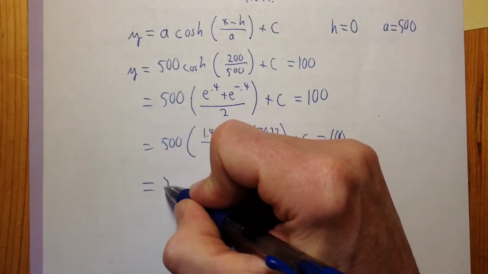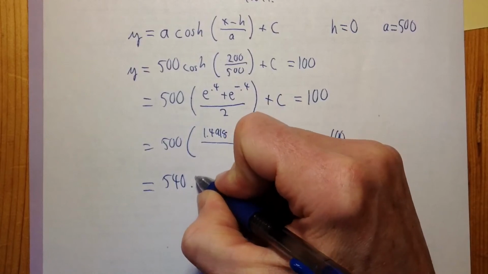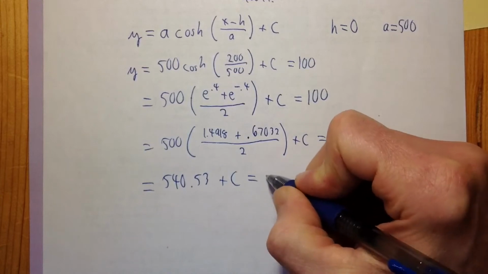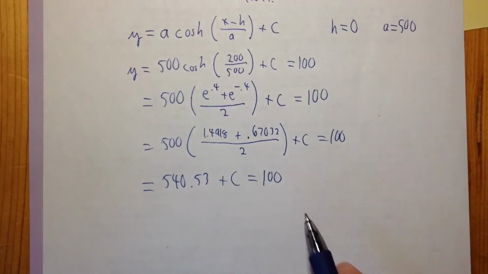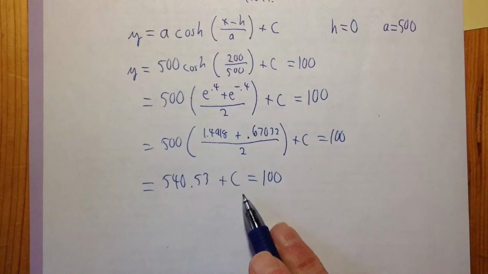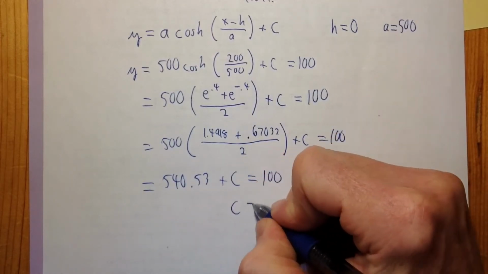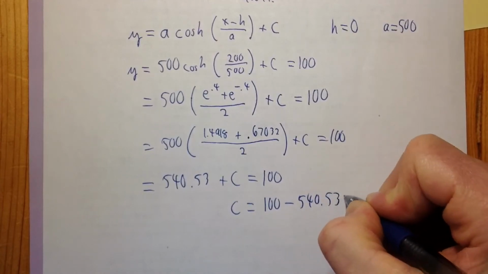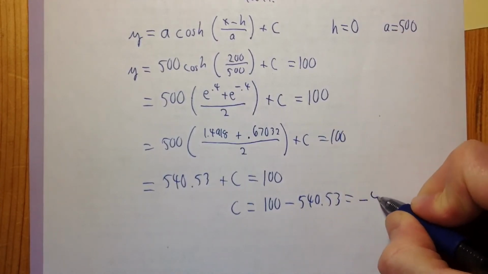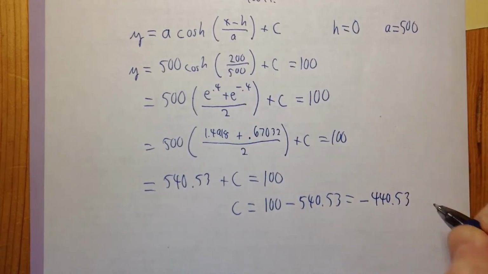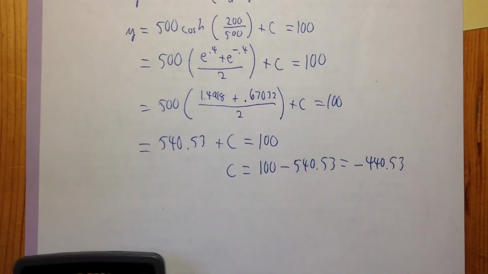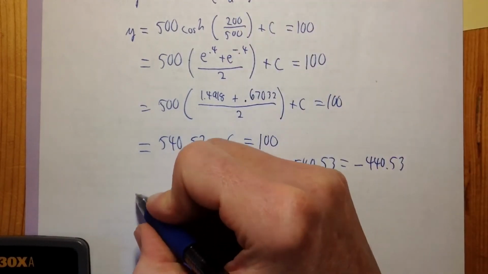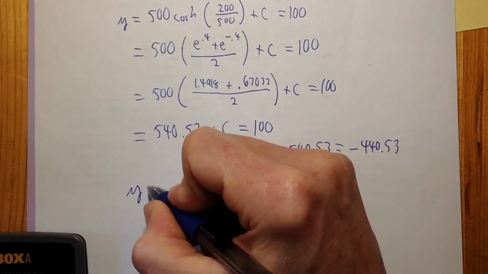So this is 540.53, which plus c is equal to 100. Clearly c is going to have to be negative for this to happen. So c is equal to 100 minus 540.53, which is just negative 440.53.